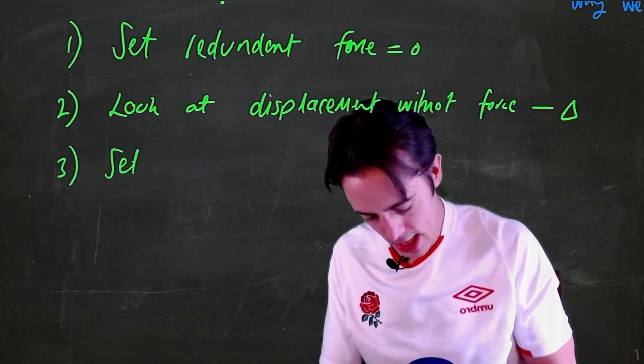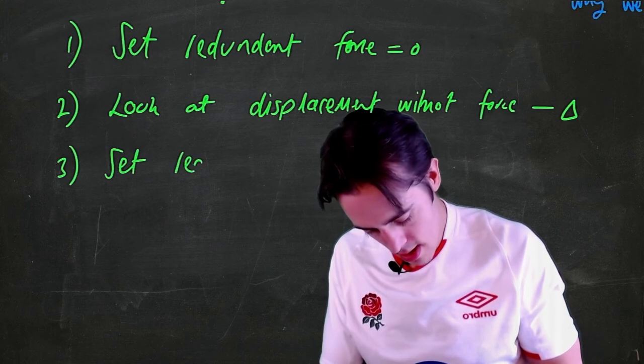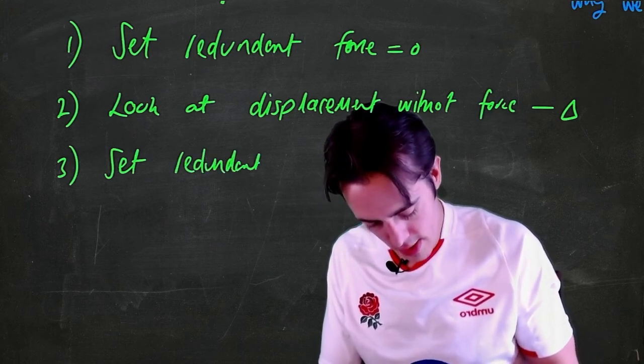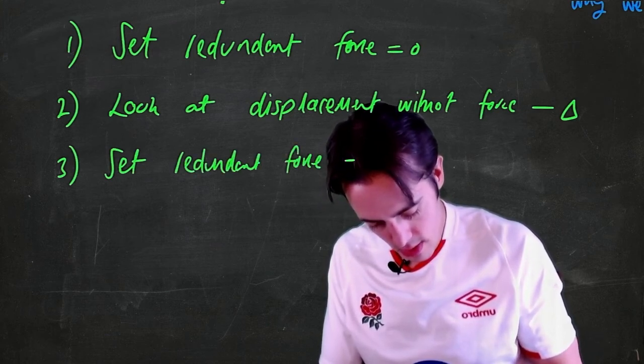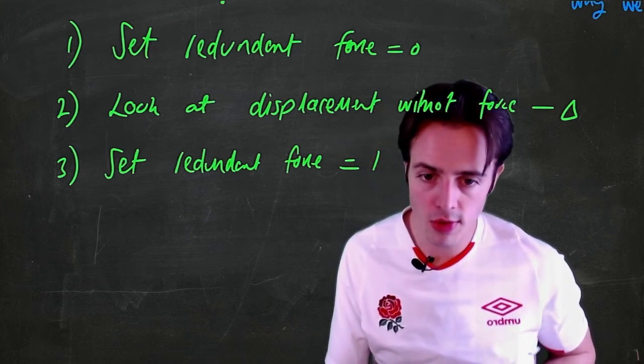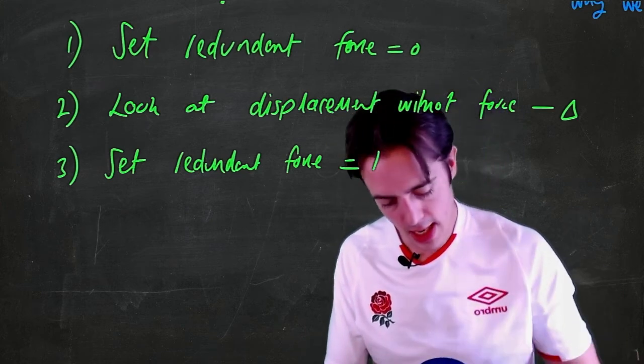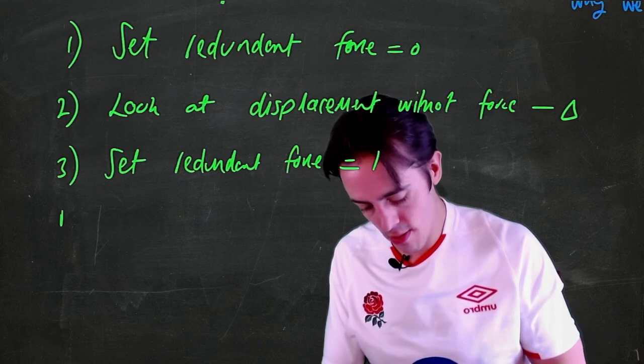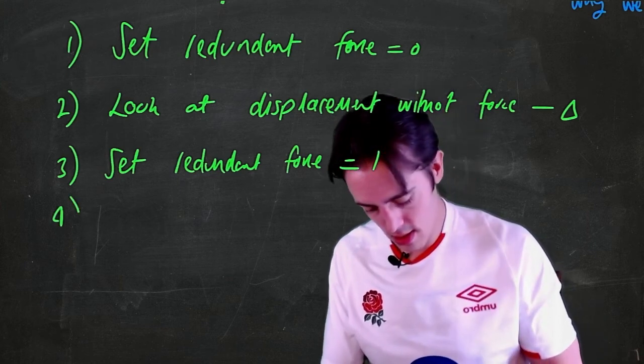We then set the redundant force equal to 1, just make it equal to 1 Newton, okay? And then we look at how much the structure moves in the other direction.